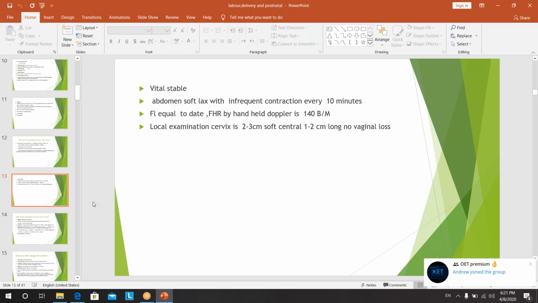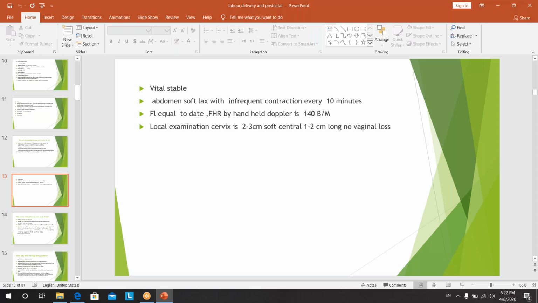I would like to relax the uterus. I would like to give her nifedipine tablet, and also for the baby's lung maturity, I would like to give betamethasone.